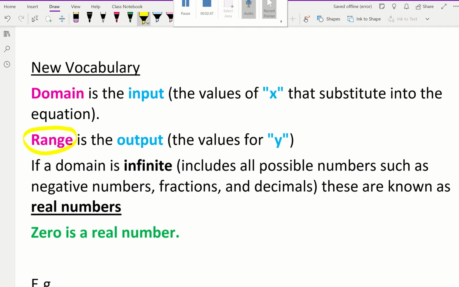This is the range in the context of averages, but in this topic, when it comes to functions, the range is the output. It's the values for y. If the domain, if the input is infinite, which includes all possible numbers, negatives, positives, fractions, decimals, these are known as real numbers. 0 is a real number as well.